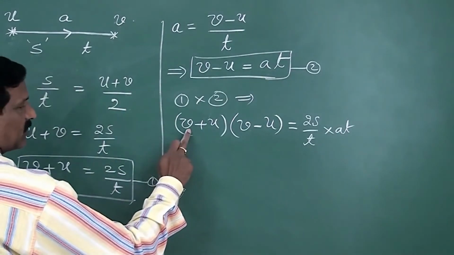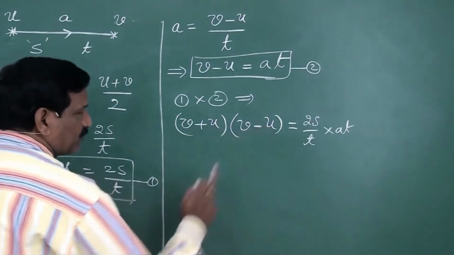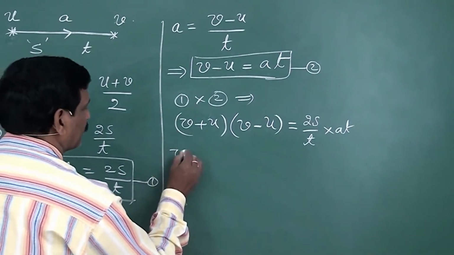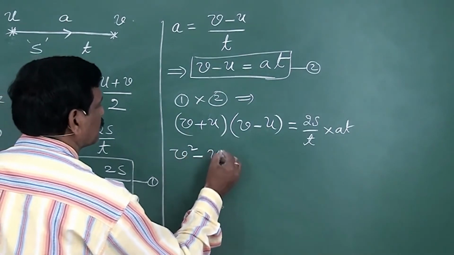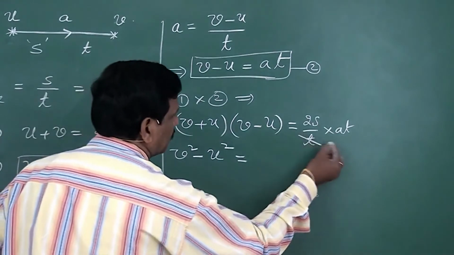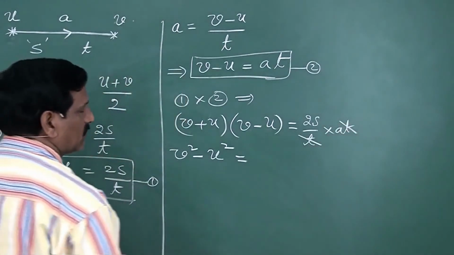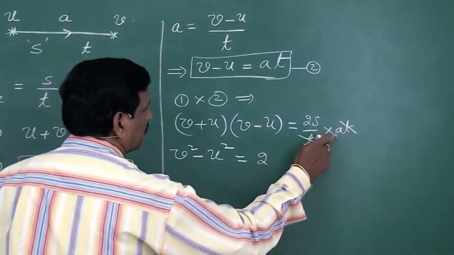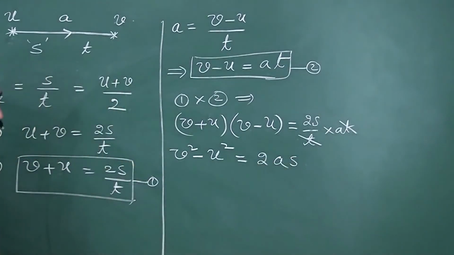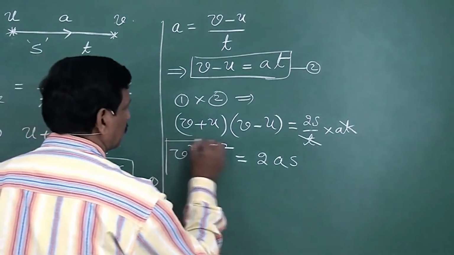This is in the form of (a plus b) into (a minus b). What is (a plus b) into (a minus b)? a square minus b square. So, you can write v square minus u square. This is equal to, here this t cancels out, then you get 2as. So, v square minus u square equal to 2as.